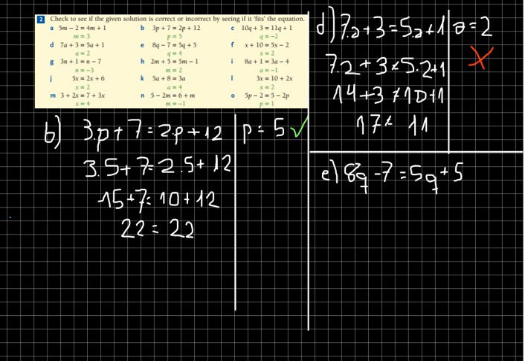Alright, now they're saying that the right answer is going to be q equals 4. And let's check if that is correct or not. We're going to replace the q by a 4 and leave all the numbers. So we will have 8 times 4 minus 7 must be equal to 5 times 4 plus 5.